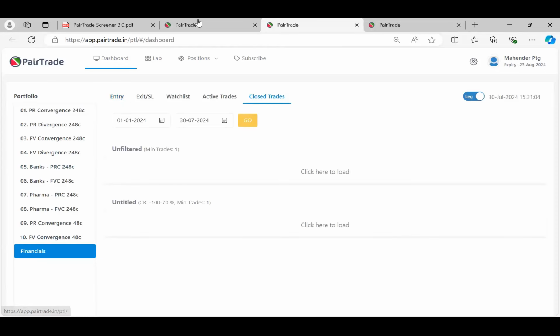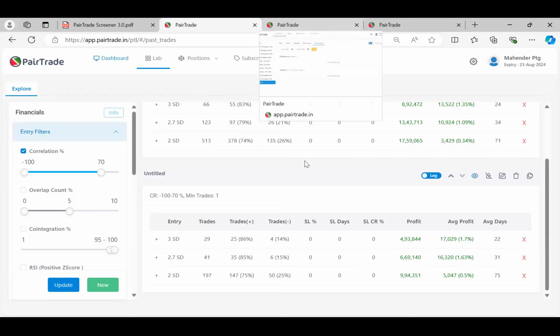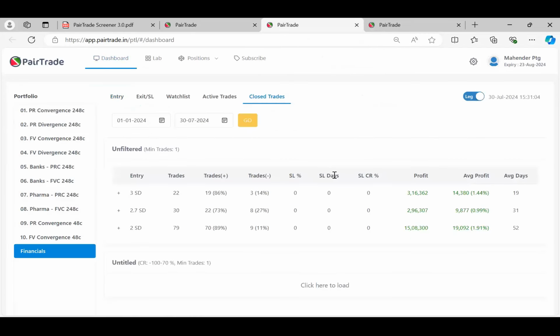So we have created 2 portfolio settings. I'll see what would have happened if I have not used any filter. In 2024 from Jan 1st, you see we got a good number of trades and good returns also, like 15 lakhs here, 3 lakhs and 3 lakhs, with a good average per trade.